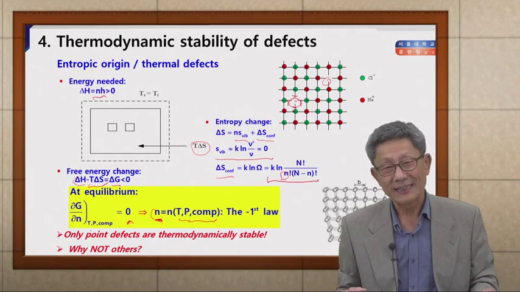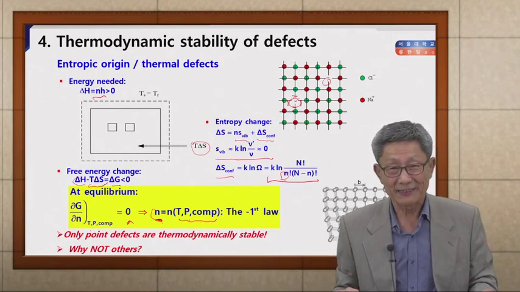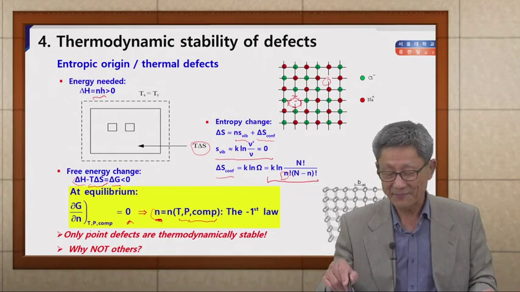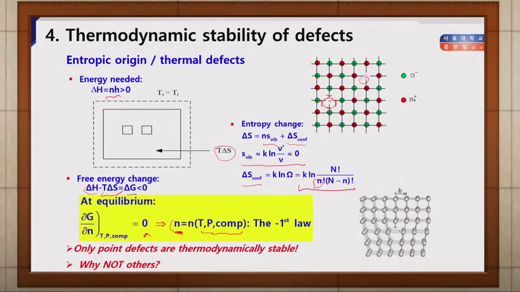Then what about the higher dimensional defects, for example, the line defect, here a dislocation? Now have a look. This dislocation means a lineup of vacancies or interstitials, if you like, to make an extra plane or to make a deficit of a plane here. By aligning them to make a plane, the configurational entropy should be negligibly small.